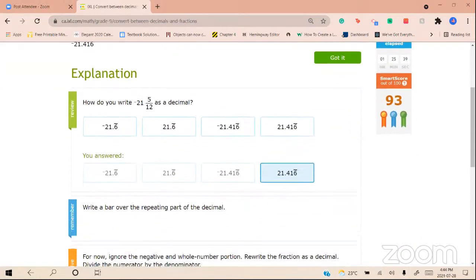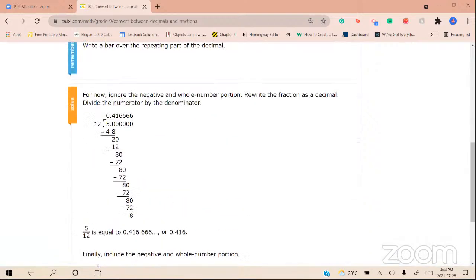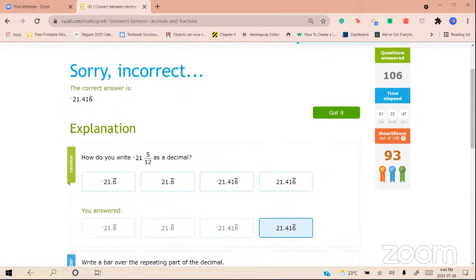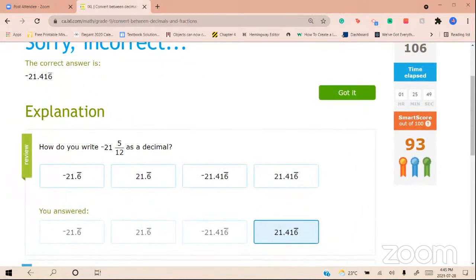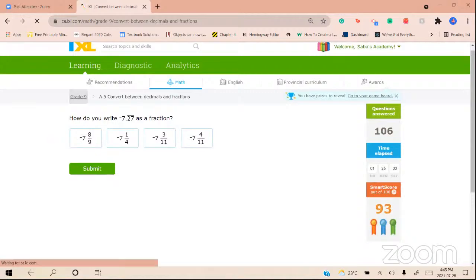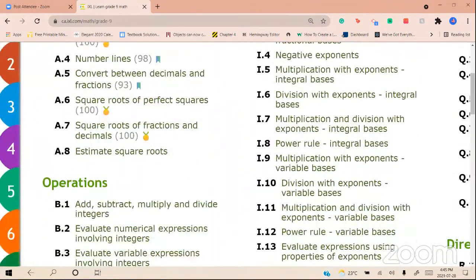It's actually the second last one. Oh, because of the negative. See, it's negative 21, not positive 21. Yes, and then saw the negative sign. Yeah, it's okay. So you understand this, so I'm going to leave it at 93. You can finish this up for homework.